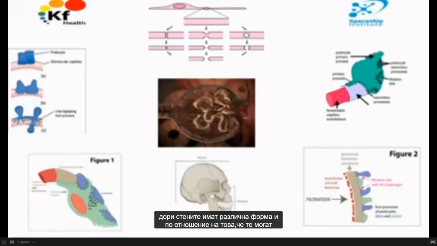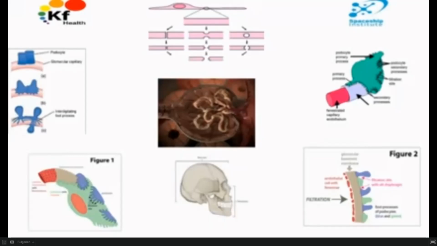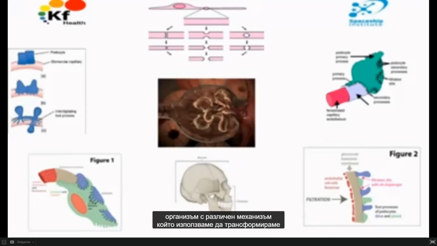Even the walls have different kinds of shapes, and regarding that, they are able to transcend molecules of different shapes and different sizes. This is really so amazing, what nature has done with our organism, with different mechanisms that we use to transform the state of matter in our body.